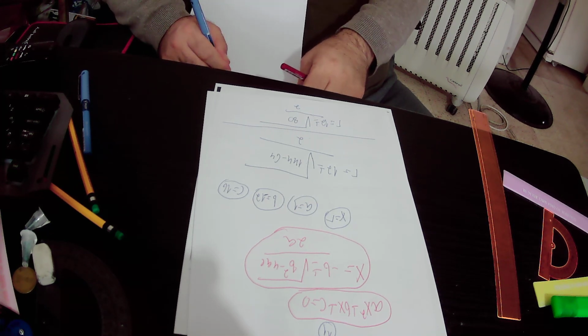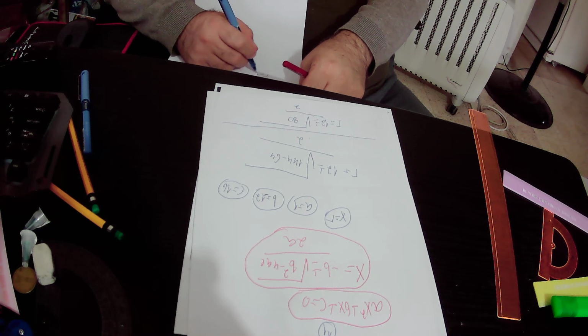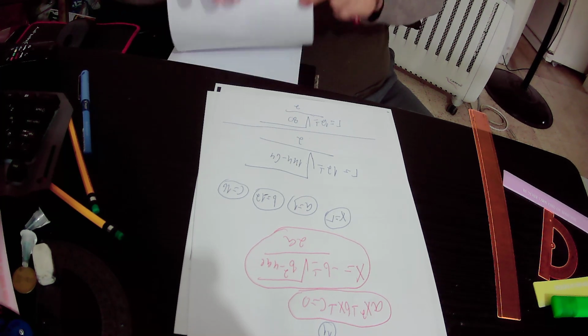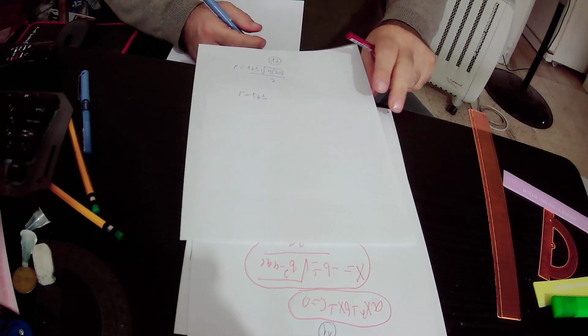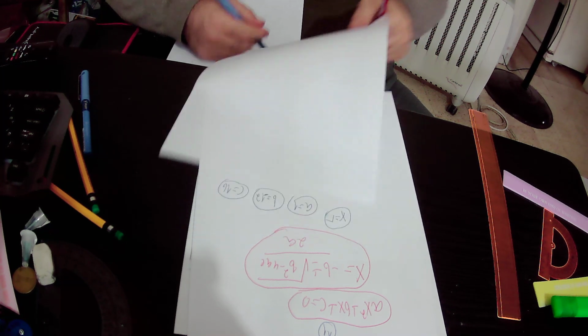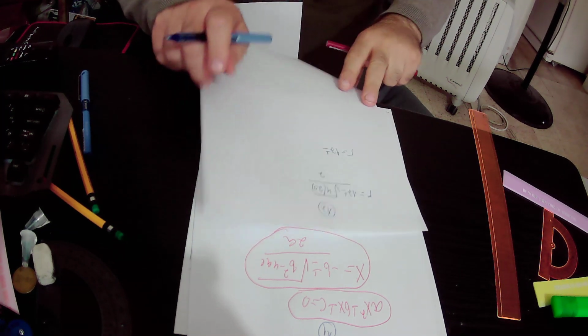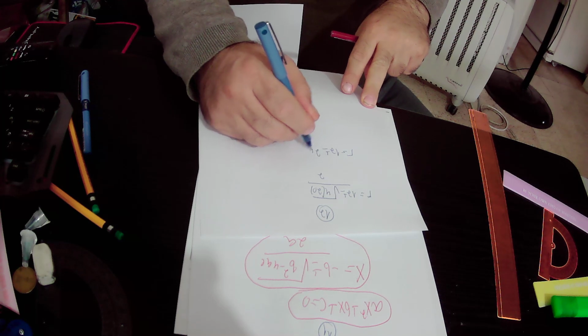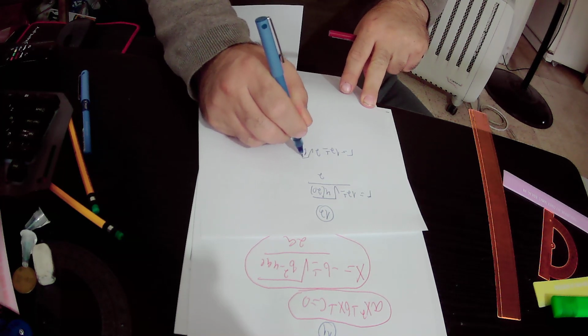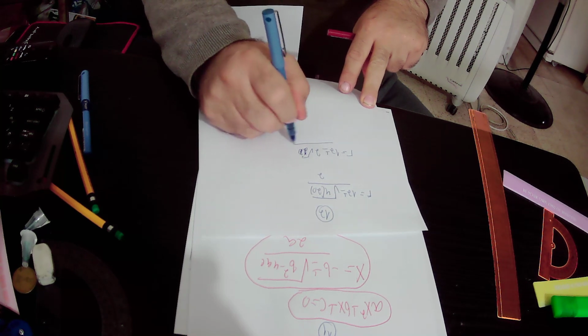Root 4 is 2, so we have 2 times the square root of 20 over 2.